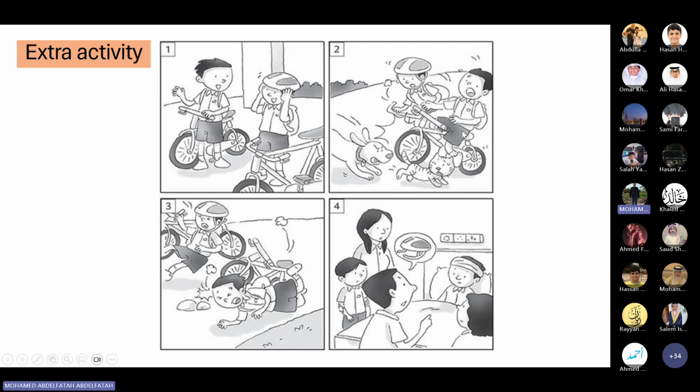They fell down to the ground. The one with the helmet wasn't injured. But look here, the one without the helmet was injured. He went to hospital. But his classmates or his brothers went to visit him. Okay, look, he was sad. I am just helping you with some ideas. You can write your own ideas.